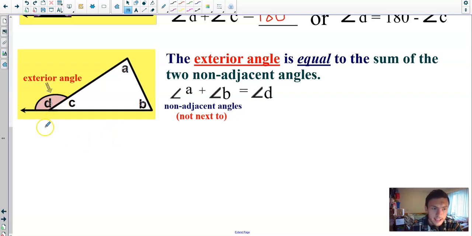So angle D, right here, I'm circling it in red, equals the sum of angle A and angle B. So if I know what angle A is, I know what angle B is, I just add them together and that gives me angle D. And that's true for any triangle. So an exterior angle is equal to the sum of the two angles that are not next to it.